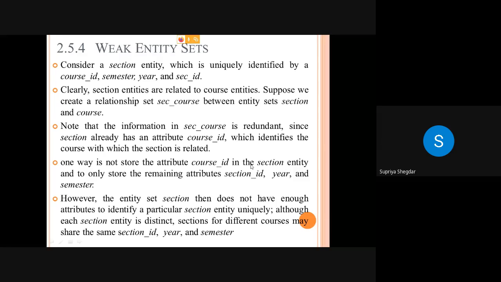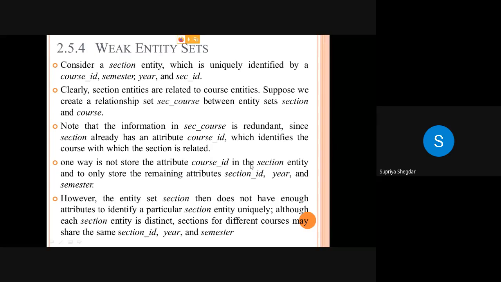But the entity set section then does not have enough attributes to identify a particular section entity uniquely. If we delete the course ID attribute from the section entity, it does not have sufficient attributes to identify data uniquely.